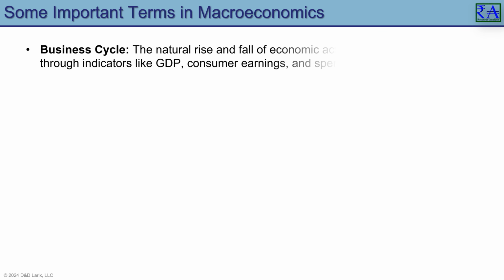In macroeconomics, several key terms help us understand economic activities and trends. Business cycle refers to the fluctuations in economic activity that an economy experiences over a period of time, marked by phases of expansion and contraction.